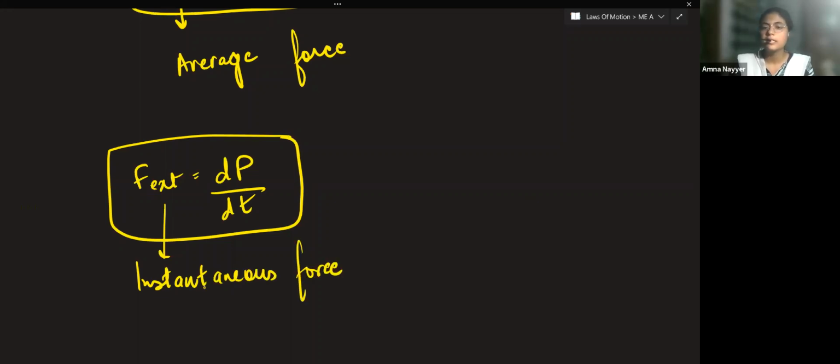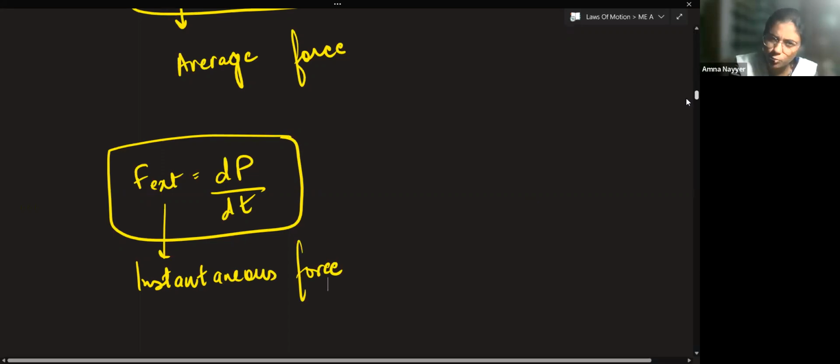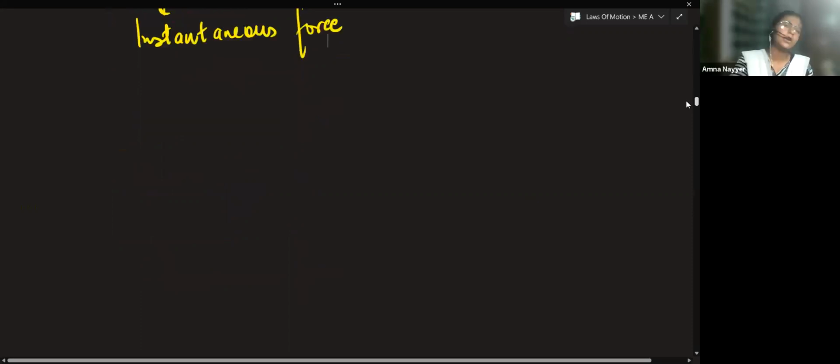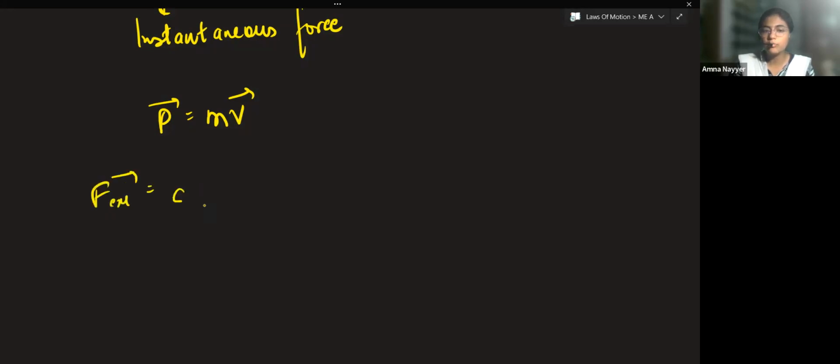Fine. Now you have a very small but very important derivation. The major derivations come afterwards, especially in your chapter 6 and chapter 7, but here also there is a very small and easy derivation. Momentum is mv, mass into velocity. Agreed? And external force is equal to the rate of change of momentum.